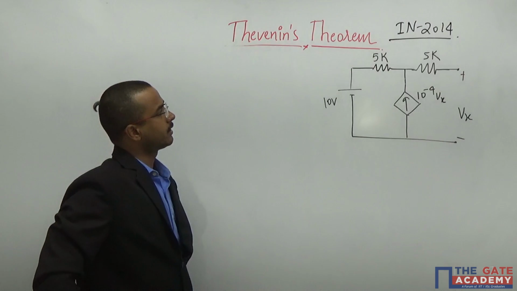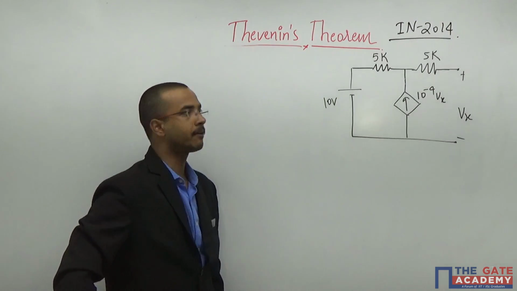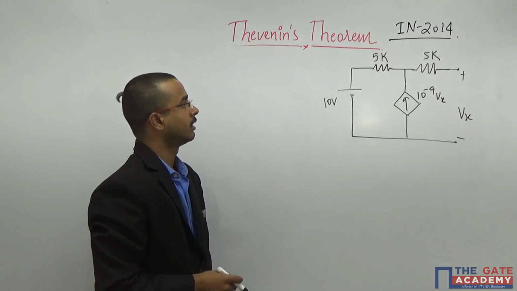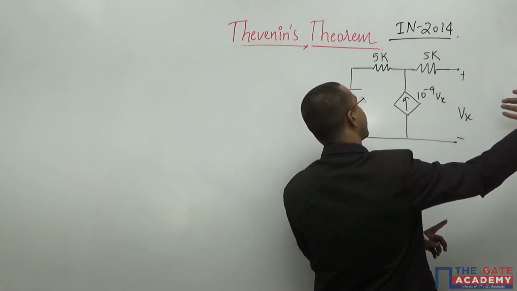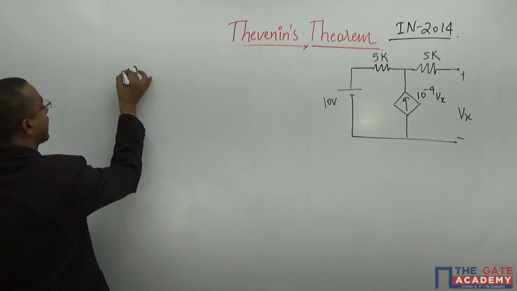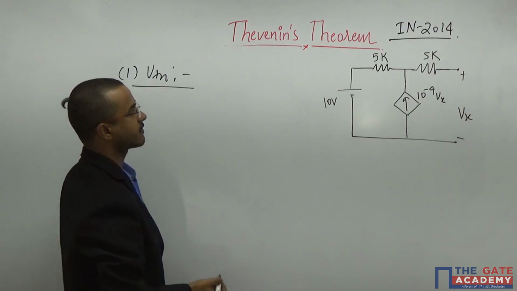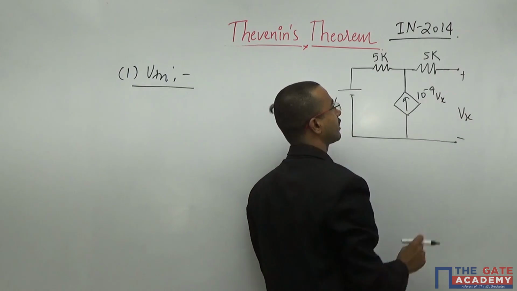Here again, the question of the Thevenin, and you have to calculate the Thevenin equivalent across this load. That means you have to calculate the voltage across this and the resistance seen from here. The first thing which I will calculate here is the VTH. The VTH will be the voltage across this open circuited terminal.